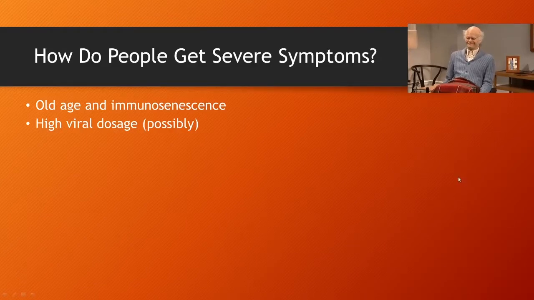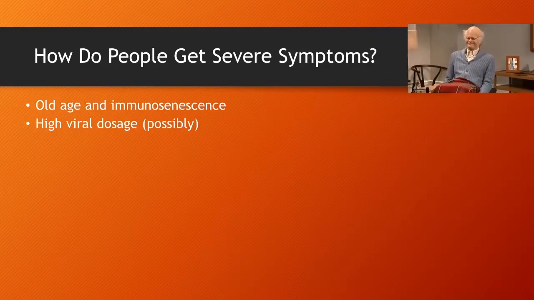Another thing is high viral dosage. There have been studies that show that in coronaviruses, the more viral particles you're exposed to, the greater the severity of the symptoms. That's been done with animal models. There's no evidence for humans because that's unethical. No scientific institution will get the funding to test whether we can give people more of a virus and make them so sick they'll die.